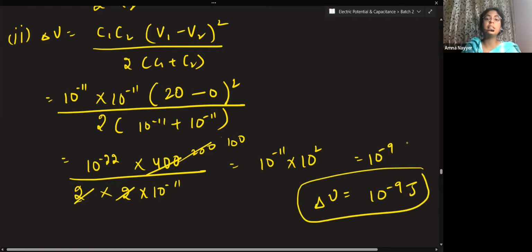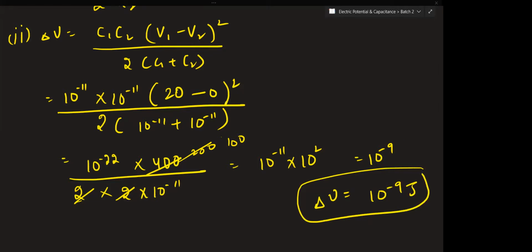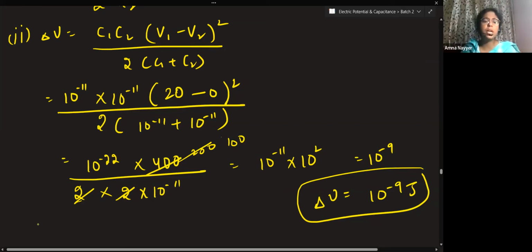Now tell me, others, is it clear? Hiba? Teacher, what is the conversion from picofarad to farad? Whenever you get pico, whether it is a picometer, a picocoulomb or a picofarad, replace this p term with 10 to the power minus 12.